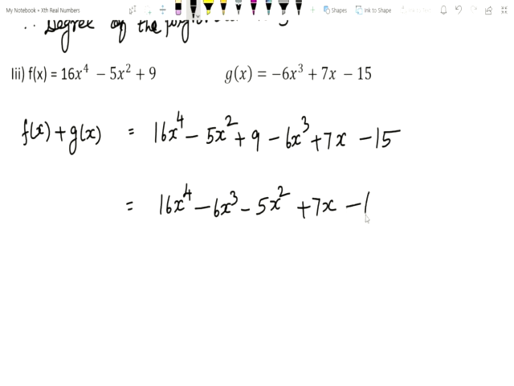What will you get? Minus 6, because 15 is the greater number, so the sign of the greater number is negative. So what is the answer? Adding this, f of x plus g of x equals 16x power 4 minus 6x cube minus 5x square plus 7x minus 6. Next we need to find out the degree. First find the highest power.